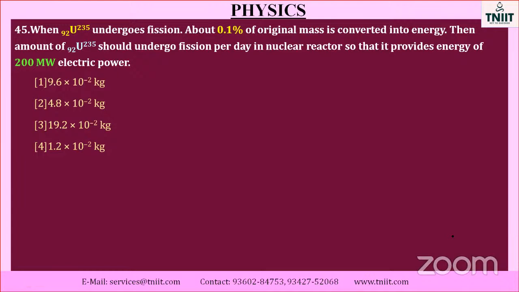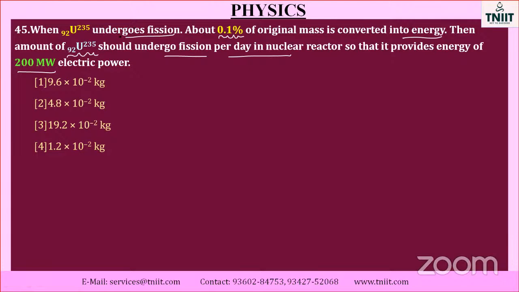Look at this problem. When uranium-235 undergoes fission, about 0.1% of the original mass is converted into energy. How much uranium-235 should undergo fission per day in the nuclear reactor to produce 200 megawatt?